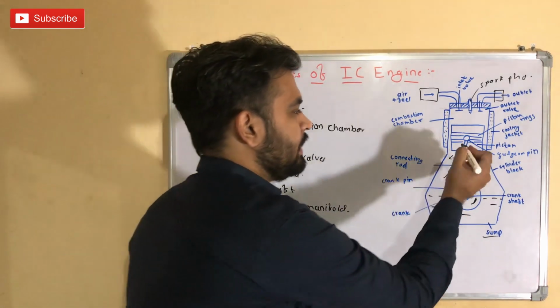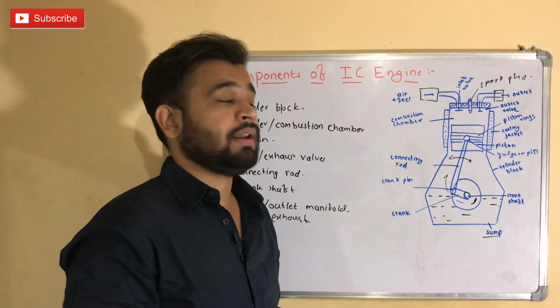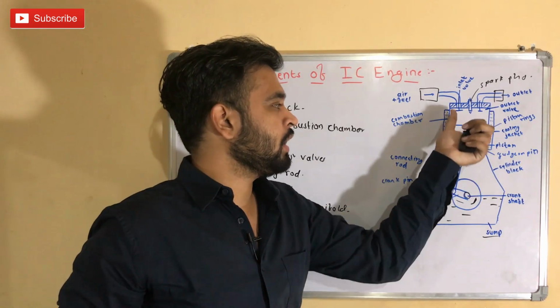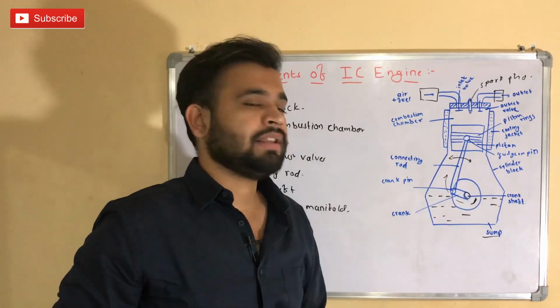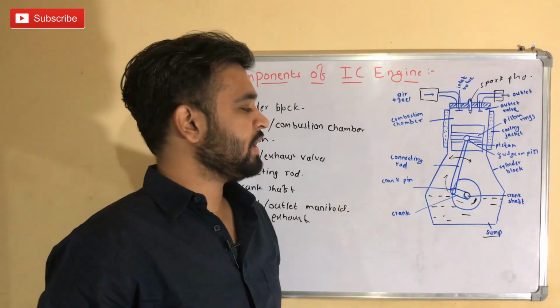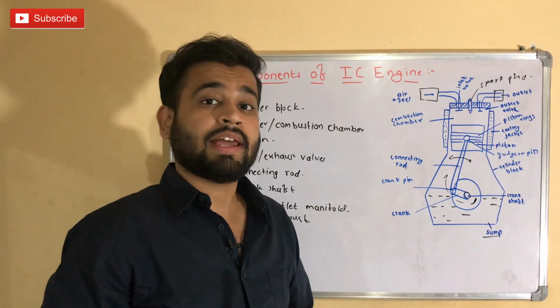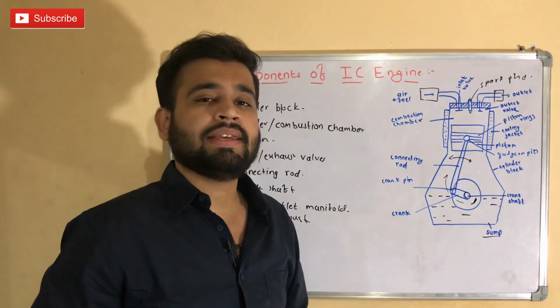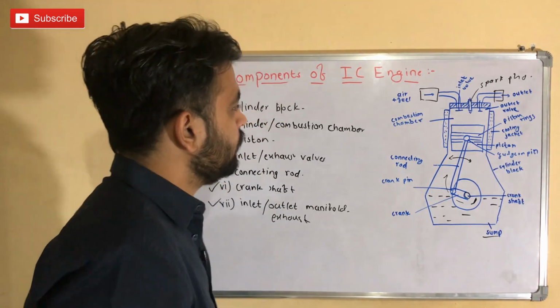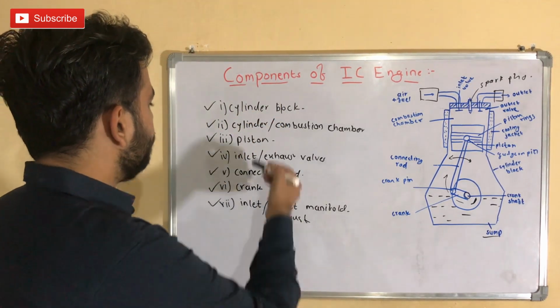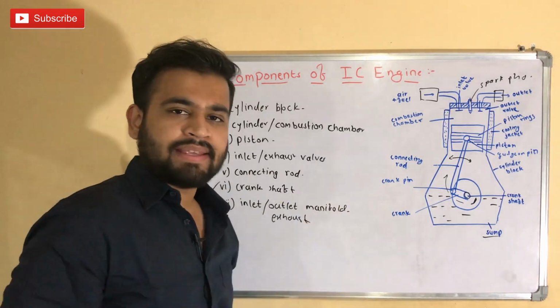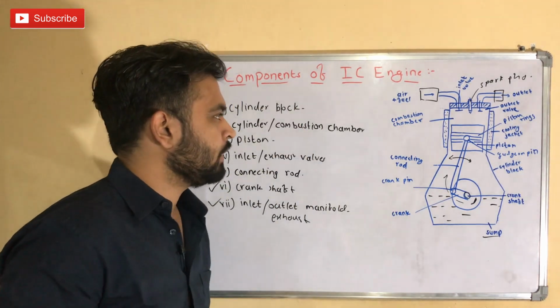The piston ring carries the lubricant and provides lubrication between the cylinder wall and the piston. The types of lubrication and the types of lubricant used we will see in a separate video. So for now we have covered the main components of an IC engine and their working.